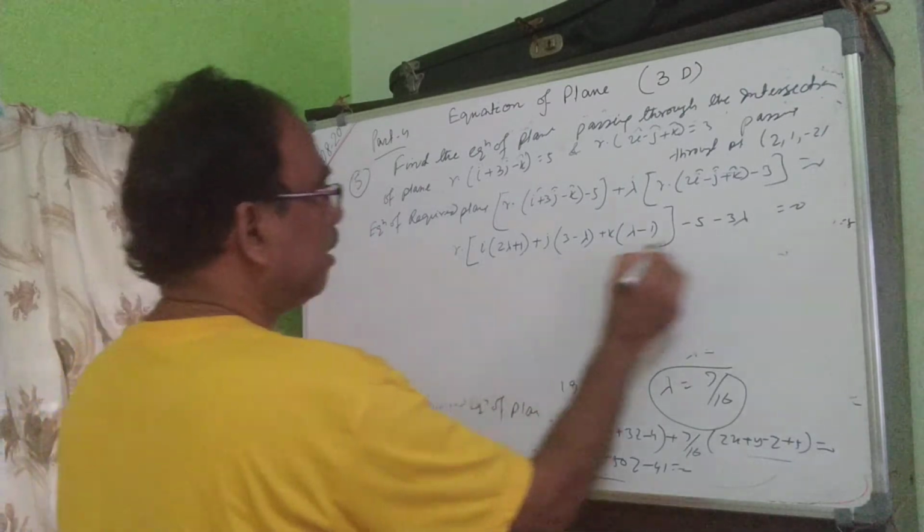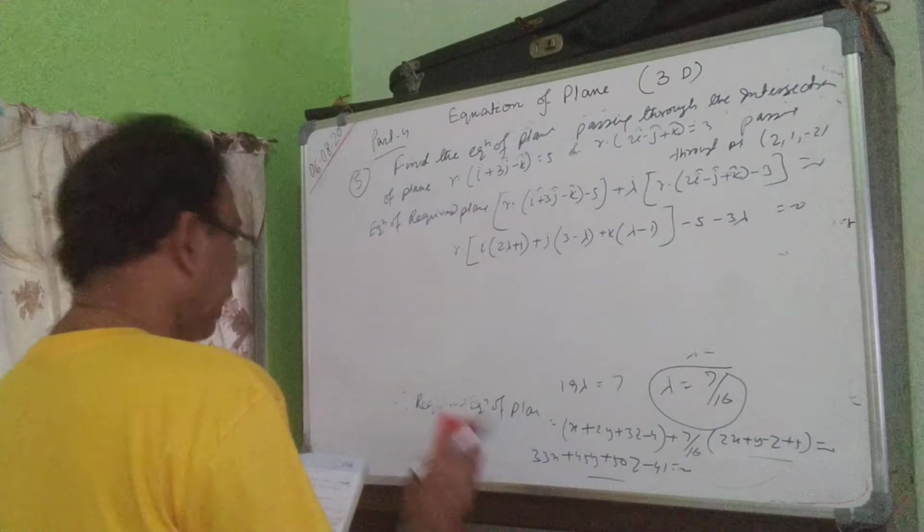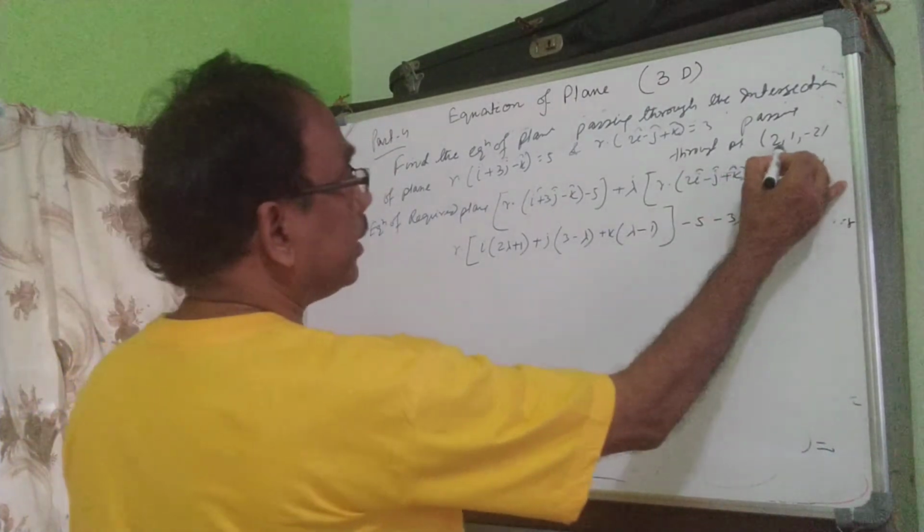That is the simplified form. Now this plane passes through the given point.